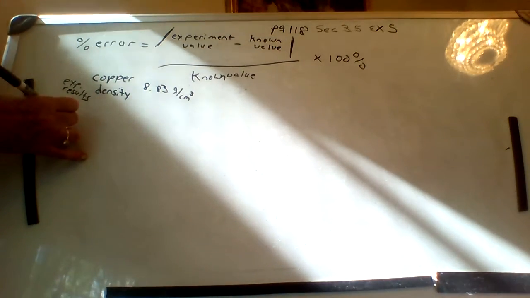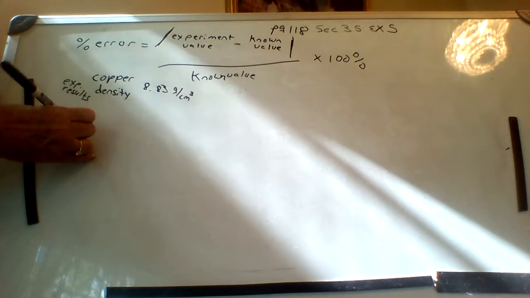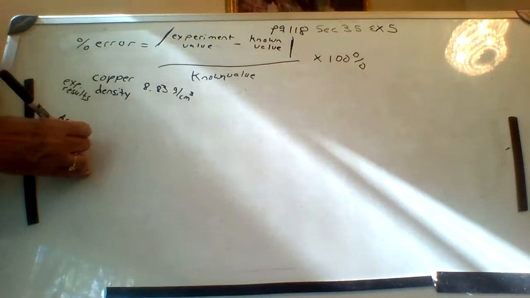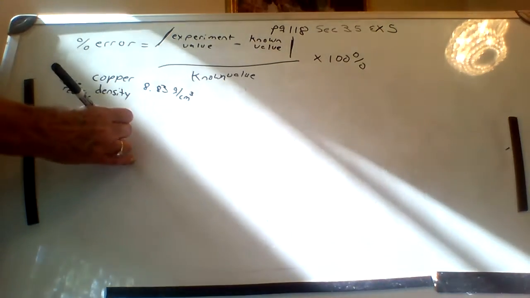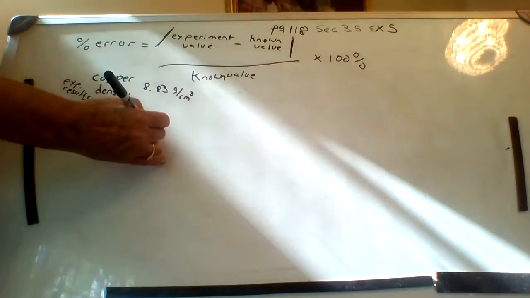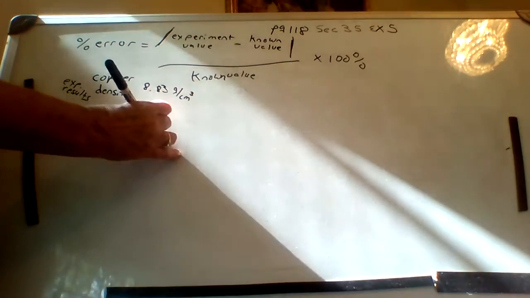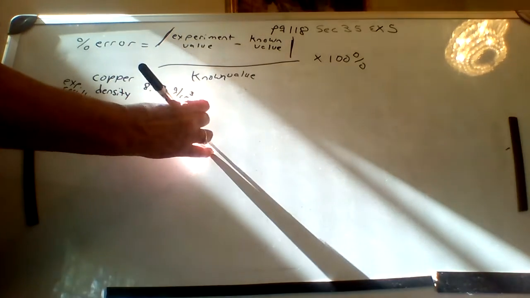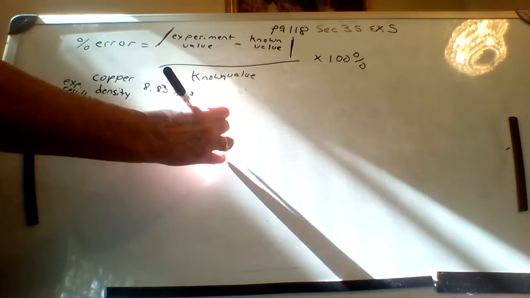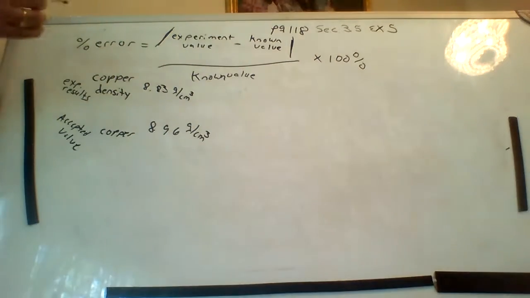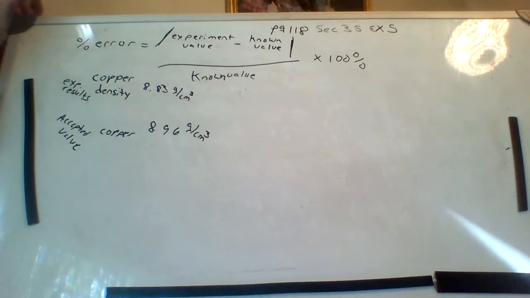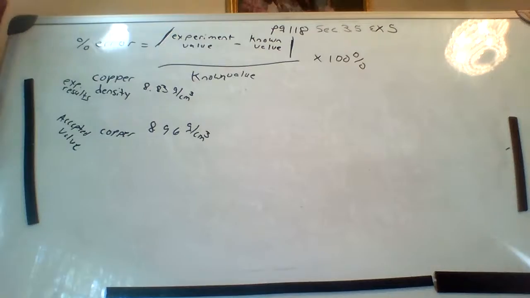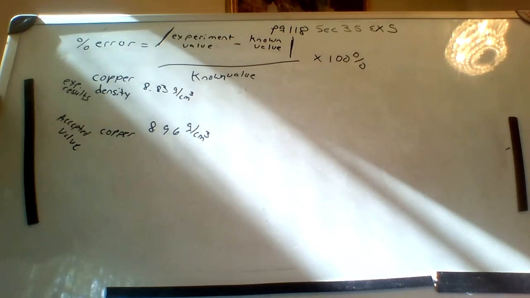But the accepted value for copper, they tell you is 8.96 grams. So determine both Jonah's experimental error and his percent error.